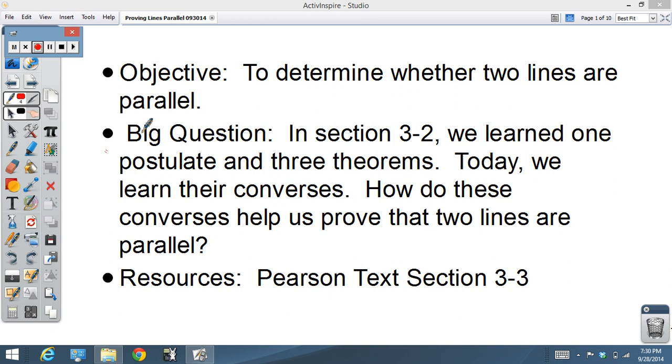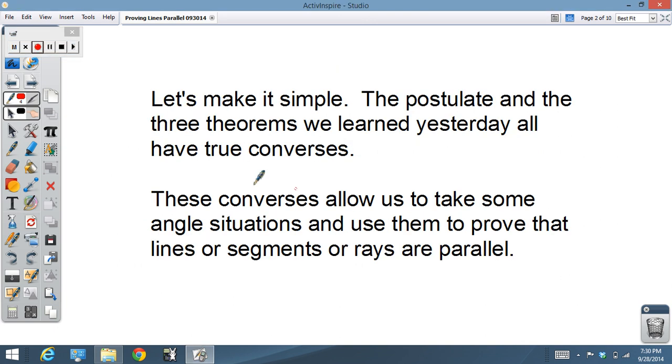So, Pearson text 3.3. Going back to yesterday, you remember how all of those theorems, the three theorems and the one postulate, said if lines are parallel, then we know certain relationships about the angles. Well, now we're going to learn the converses, which say basically if we know something about the angles, we know the lines are going to be parallel, or the rays, or the segments, okay?